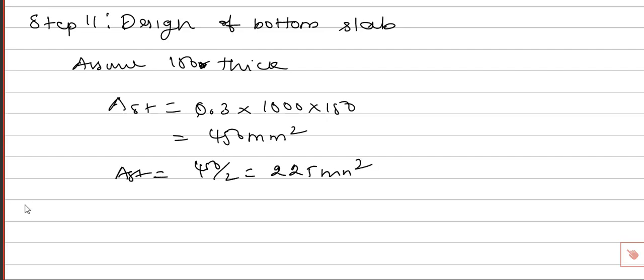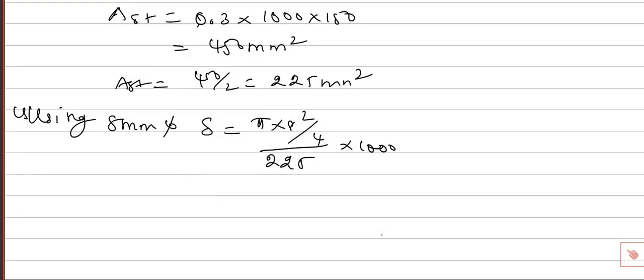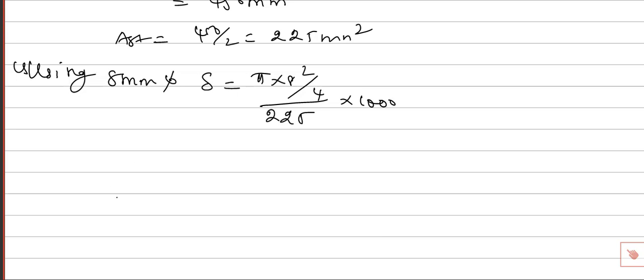So using 8 mm dia bars, spacing is equal to pi into 8 square by 4 divided by 225 multiplied by 1000. How much am I getting? 223, about 220 mm.